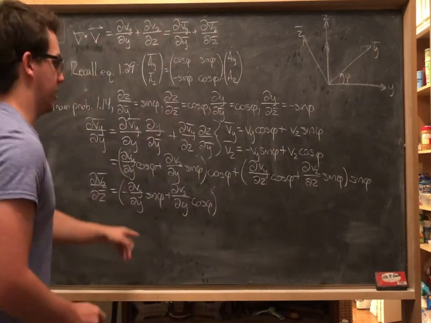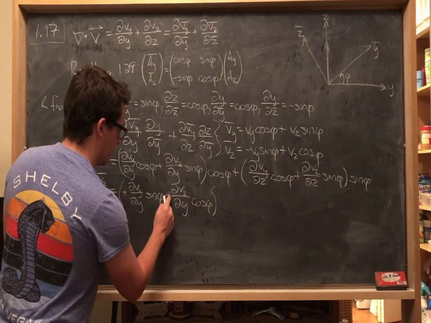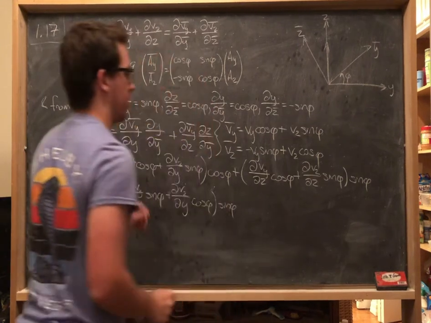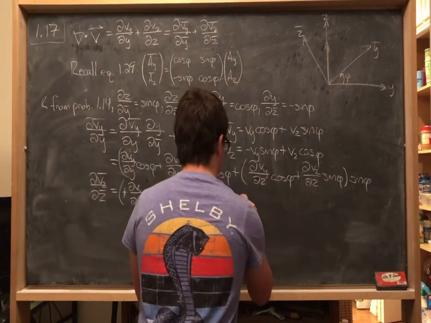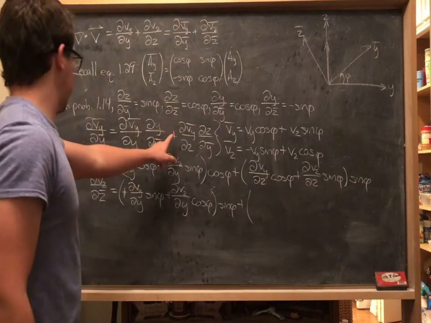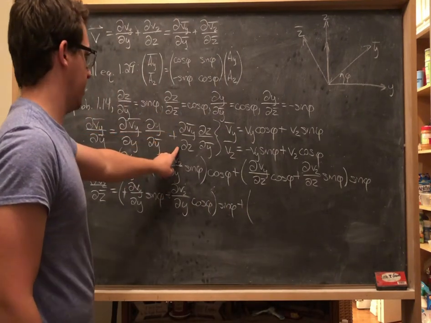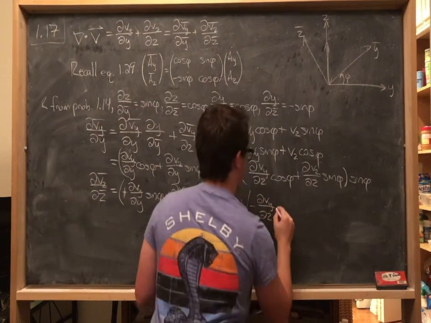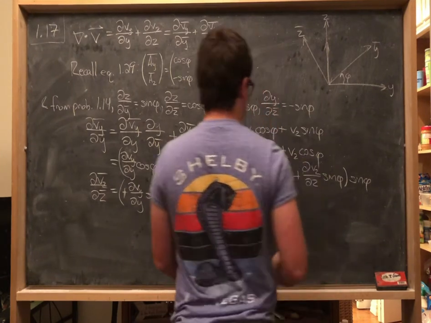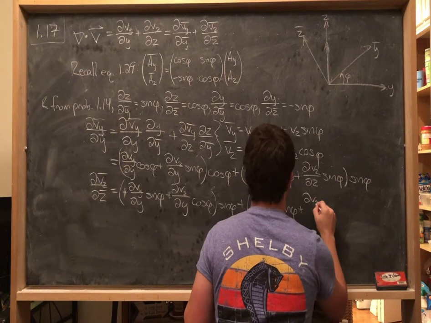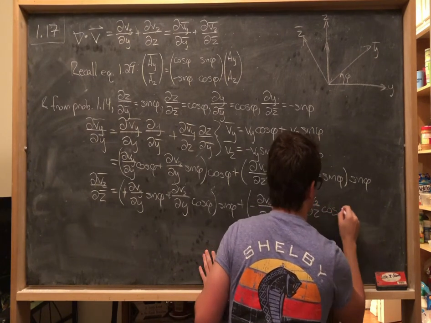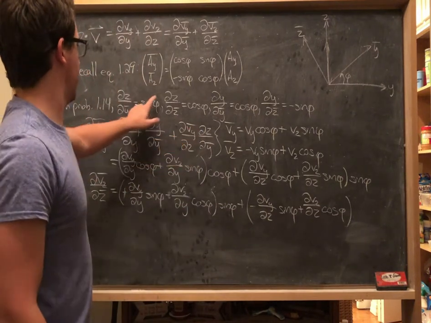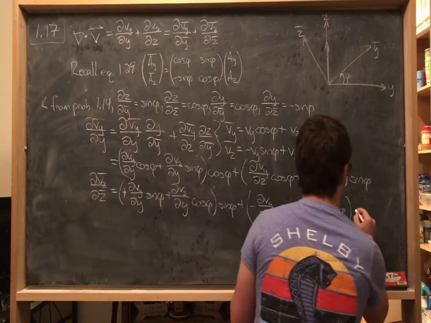I'm just going to put the negative into here. Sine of phi, right? Because that's dy dz bar. Plus, and then over here we would be looking at d vz bar dz. d vy dz sine of phi plus d vz dz cosine phi, and then dz dz bar is cosine phi.